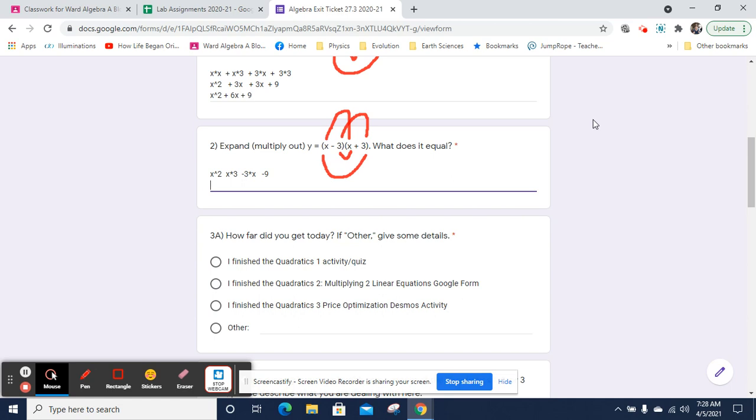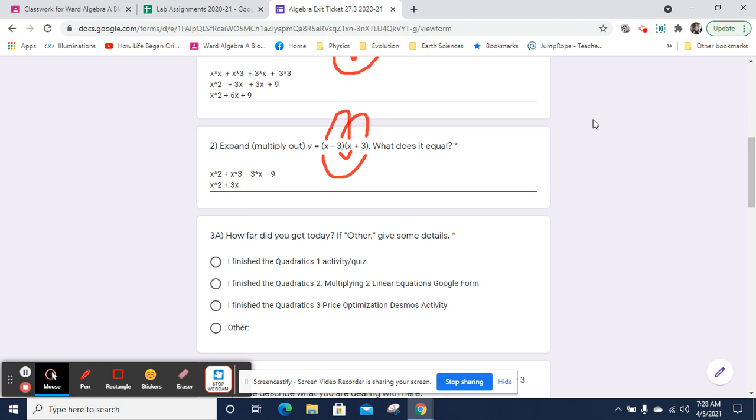When I put all that together, these minuses mean that's going to be subtraction. You could think of it as plus negative, but it ultimately ends up being subtraction. And so I've got x squared plus the x times 3, which is just 3x.